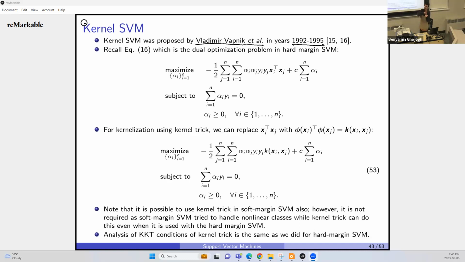Einstein was alive at that time, and Hilbert was also alive. They developed kernels. That's why we call it reproducing kernel Hilbert space. Banach also worked on Banach spaces. It's in functional analysis, for those of you who like mathematics.